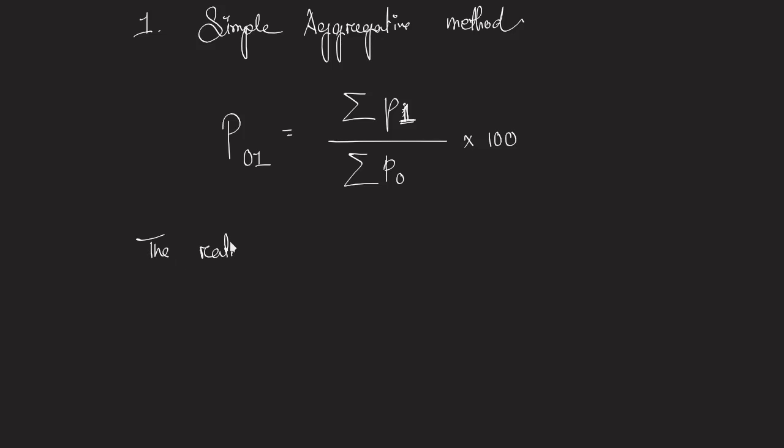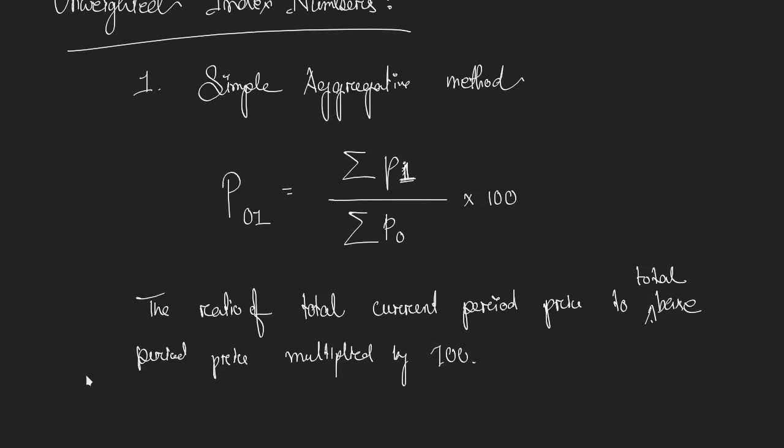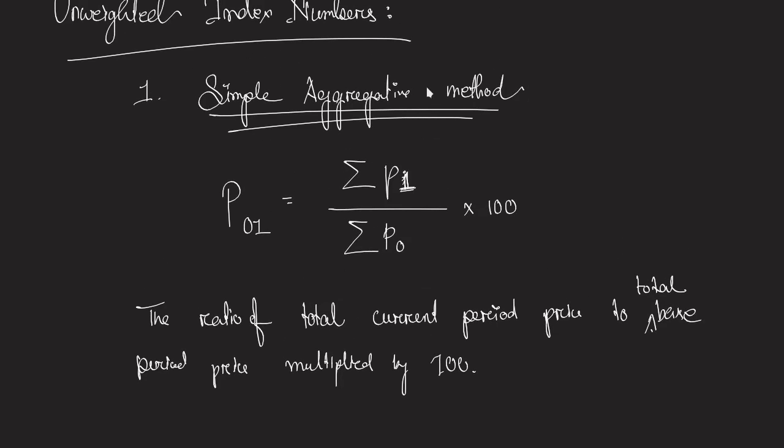The ratio of total current period price to total base period price multiplied by 100. So এইটোৱে হ'ল formula of aggregate method.